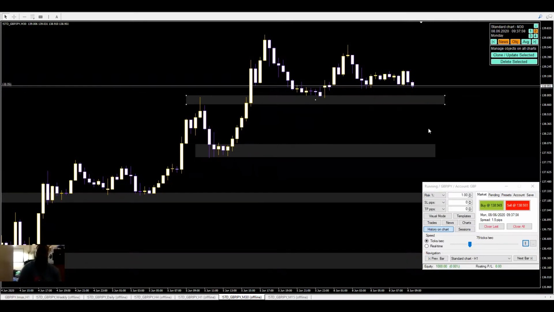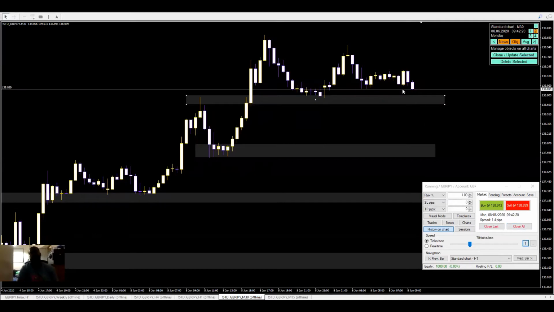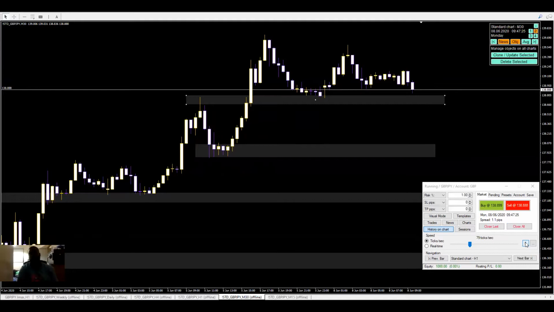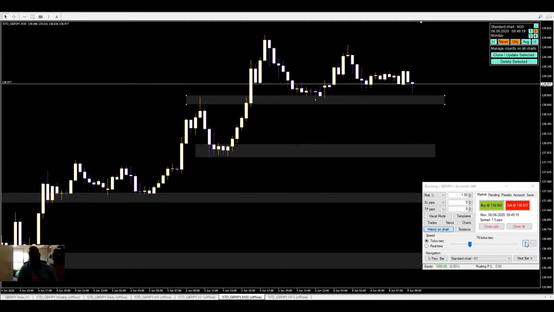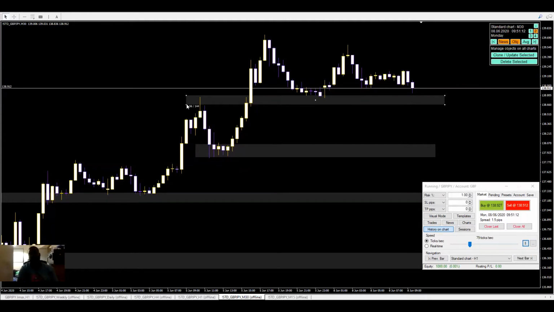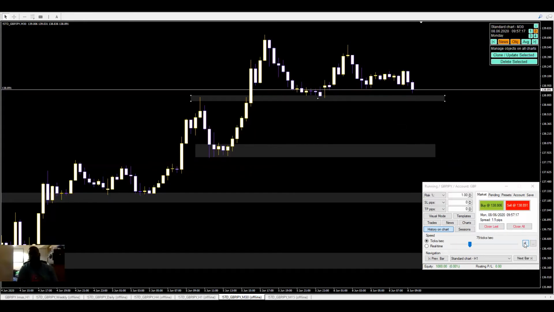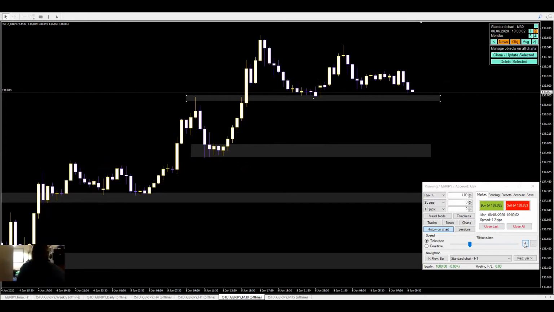I'm waiting for a breakout to happen. We're already 40 minutes into pre-London, and price is moving down here. I would want to see a break outside of this level in order to execute a trade, and of course I would have to have some sort of comfy stop loss.